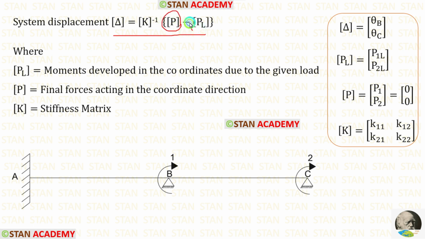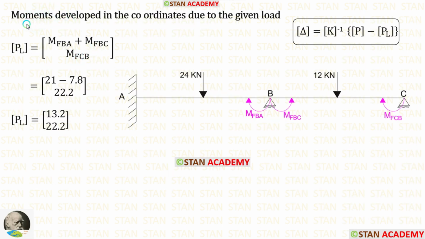Now let us make PL matrix. We know that inside the PL matrix, we will have the moments developed in the coordinates due to the given load. Our first coordinate is in the point B. In the point B, we have found two fixed end moments, M of BA and M of BC.